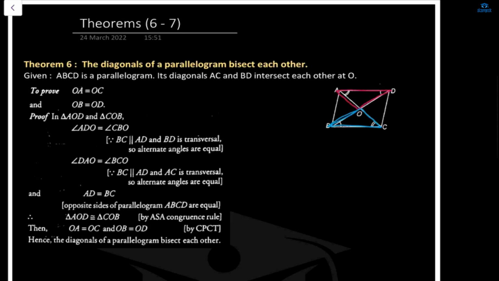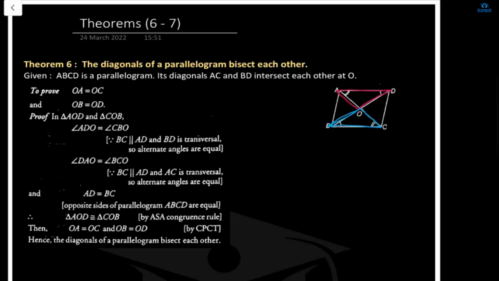Since AD is parallel to BC, you can prove that the part of angle A is equal to the part of angle C. That means DAO is equal to OCB. This angle is equal to this, and this particular angle ADO is equal to OBC. Alternate angles, because the lines are parallel and a transversal is going through them.